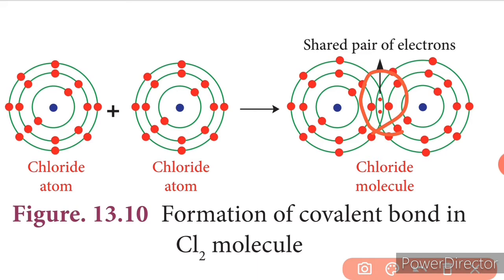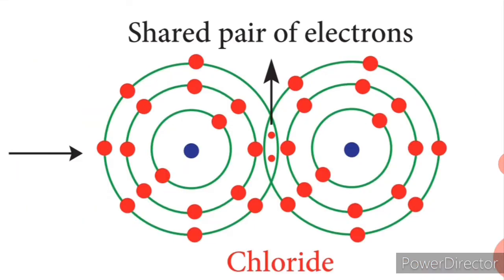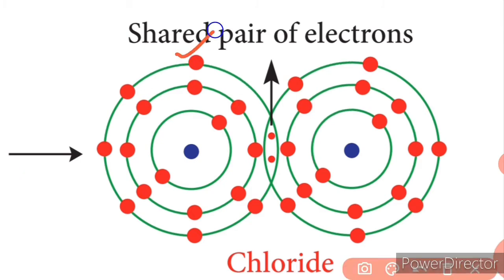Now here you can see the sharing of electrons takes place in between. That is, each is contributing 1 electron to form the bond. Now count the number of electrons in the outermost orbit, children. This is 1, 2, 3, 4, 5, 6, 7, 8.